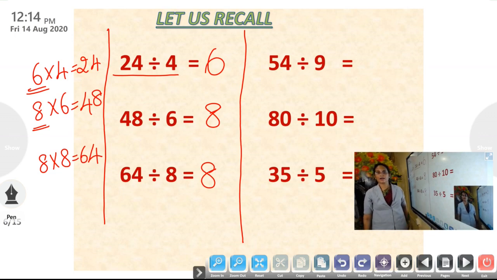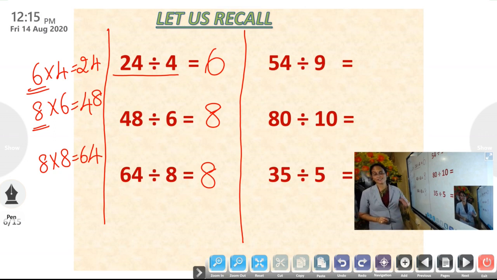54 divided by 9. So here you have to say the table of 9. Divisor is 9. 1 9 is 9, 2 9s are 18, 3 9s are 27, 4 9s are 36, 5 9s are 45, 6 9s are 54.